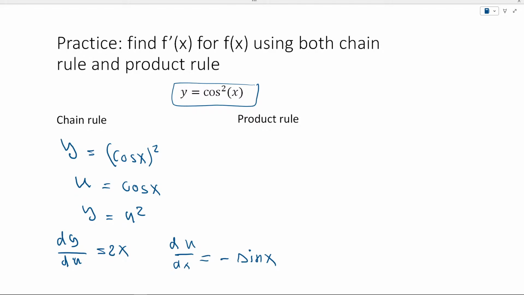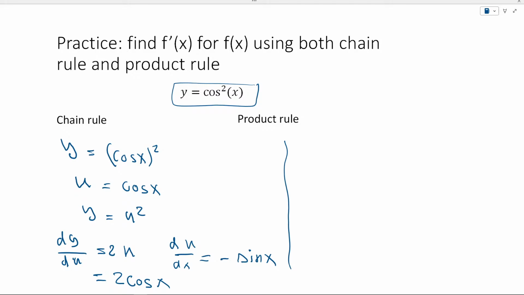Sorry, not 2x, 2u here. That's negative sine x. So that's 2u, and u is equal to cosine x, so 2 cosine x.